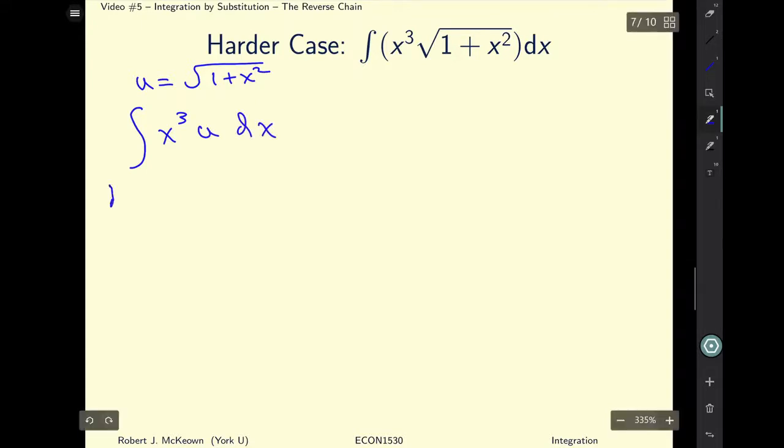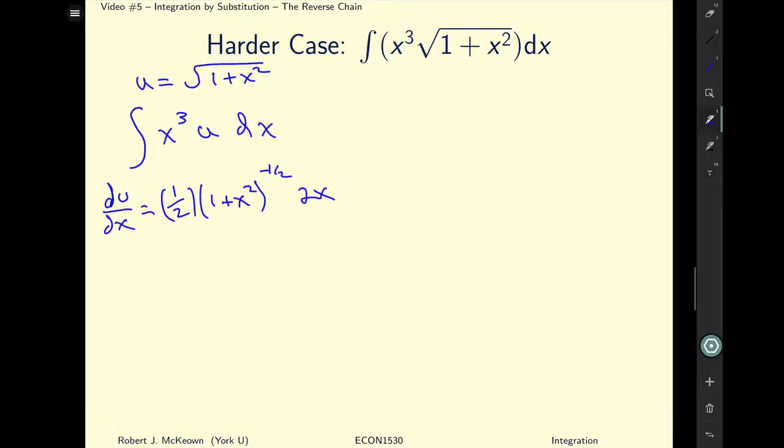Now we've got to find the derivative of u over dx. And if we do that, we're going to get something really ugly, and it's going to be really hard to work with this.